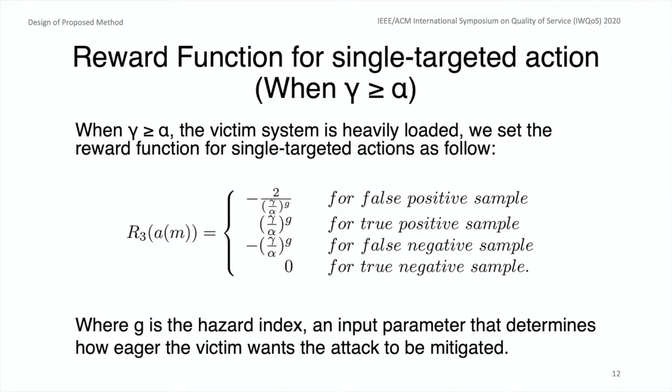We also designed the hazard index G. It is the input parameter that determines how eager the victim system wants the attack to be mitigated. The higher the hazard index G is, the more rewards the agent will get for mitigating true positive samples, and the less penalty it will get for mitigating false positive samples.